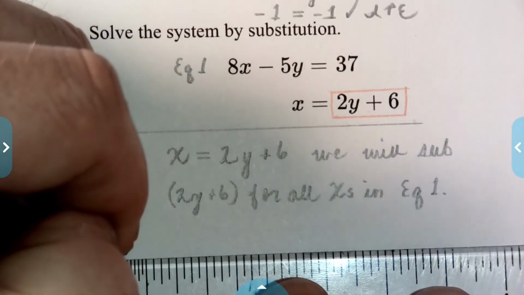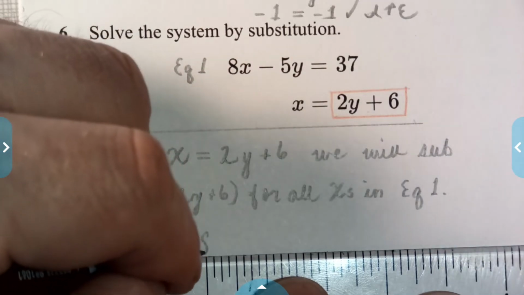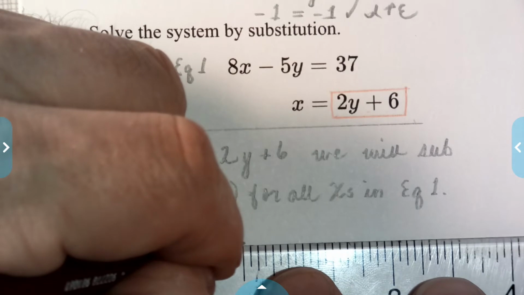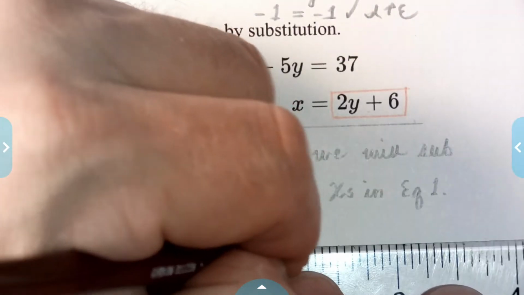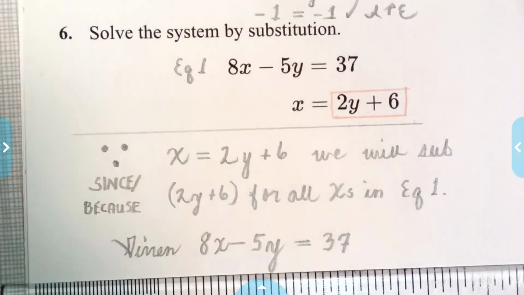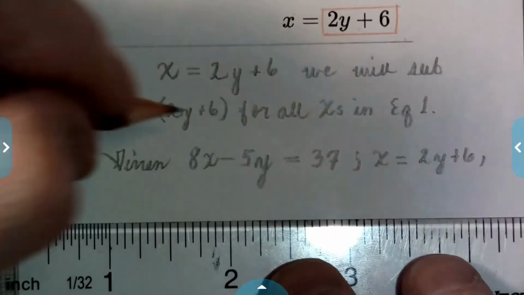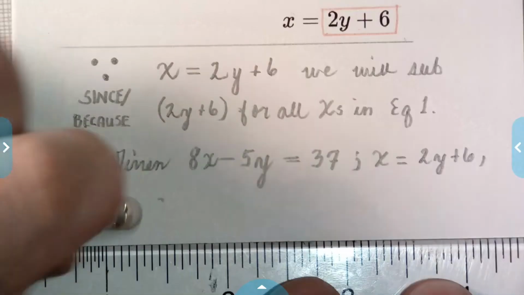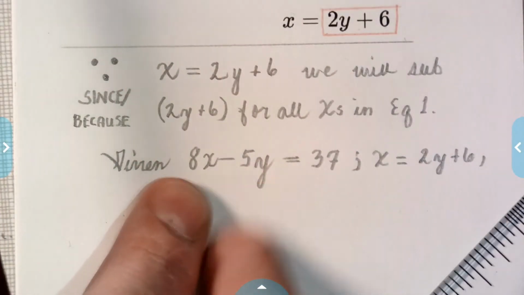All right, so given 8x minus 5y equals 37, and x equals 2y plus 6, okay, I know I'm going to have to fit this whole expression inside where the x is.